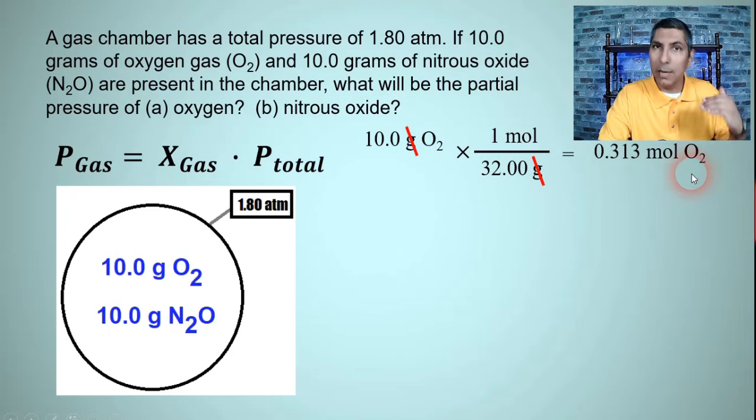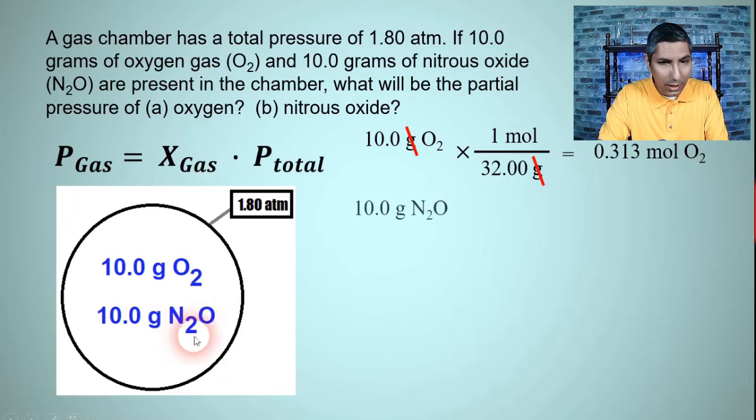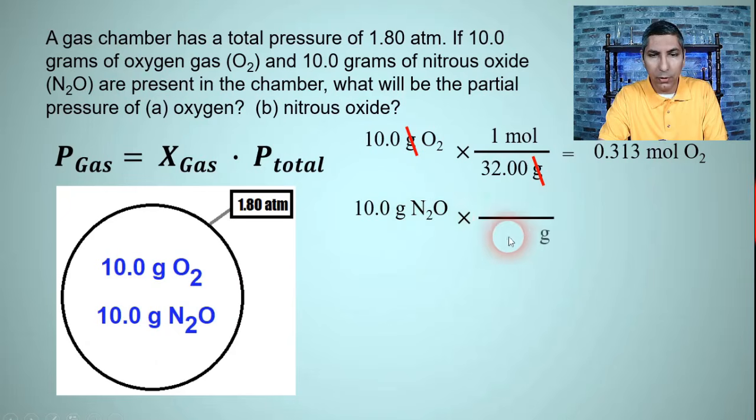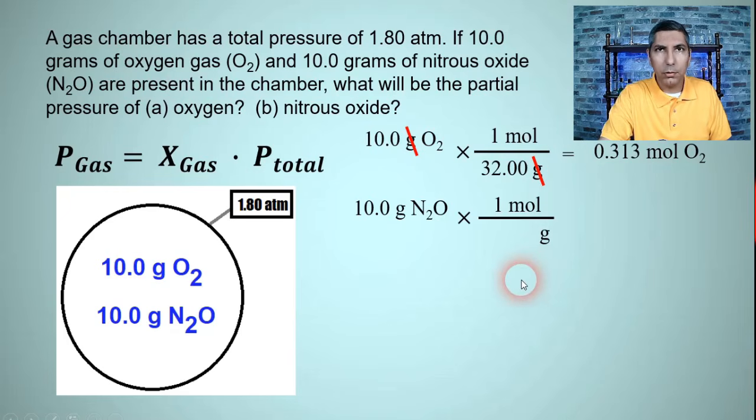I have to do the same thing for the nitrous oxide. So 10.0 grams of N2O, and I want to convert that to moles, so grams on the bottom, 1 mole on top. I consult the periodic table, 2 nitrogens at about 14.007 apiece, plus 1 oxygen atom at about 16.00, and that gives me a total of about 44.01 grams in a mole of that compound.